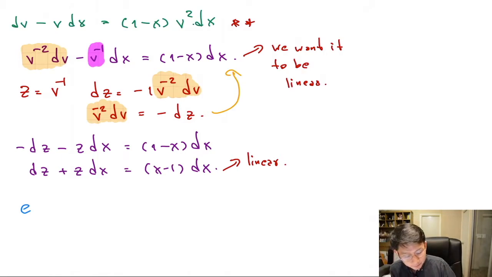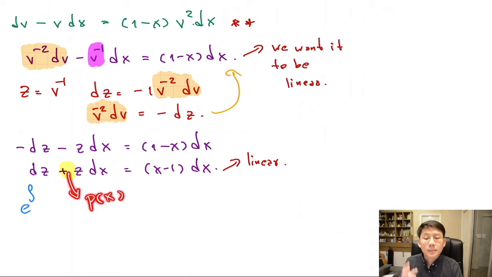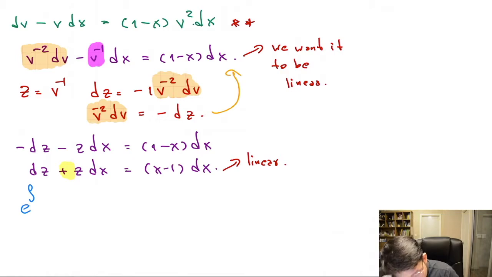So the integrating factor would be e to the integral of the coefficient of z. Before this it might be like p(x), but in this case p(x) is just 1. You have the number 1 here.